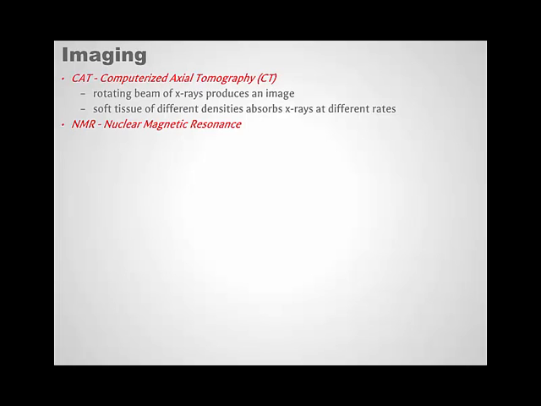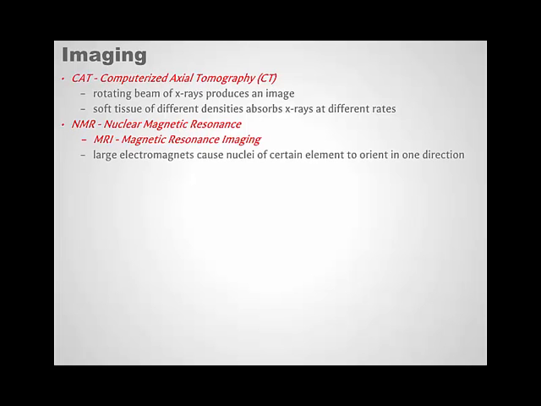There's nuclear magnetic resonance, NMR, and you're probably familiar with one type of those, which is the MRI. Has anyone ever had an MRI done? If you ever had a joint injury or something, they may do an MRI. An MRI creates an image and is often used for soft tissue injuries. Basically, you go in this big tube that has very strong magnets in it.